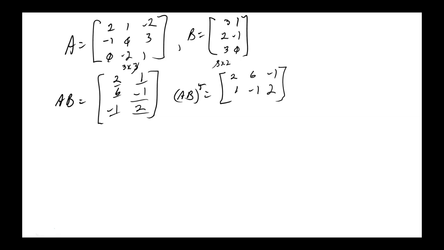Next, we're going to do B transpose and A transpose. I'm going to do them in that order because that's how we're going to multiply them. So let's first do B transpose, and that's going to be okay, and A transpose.